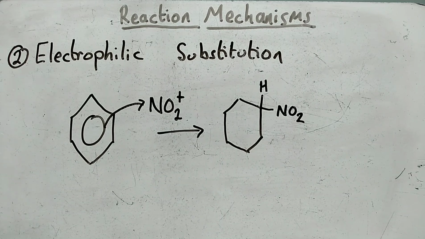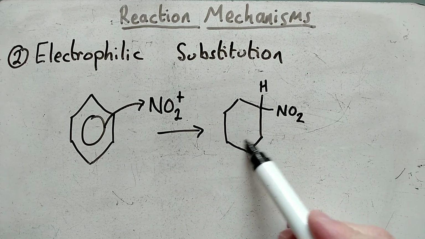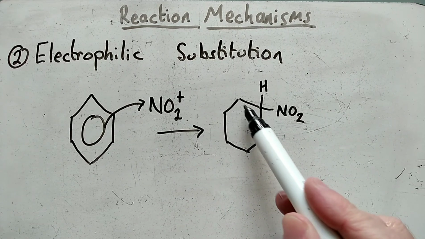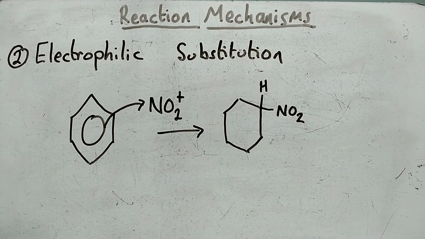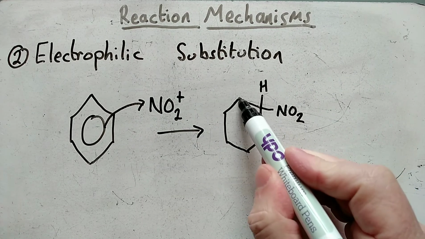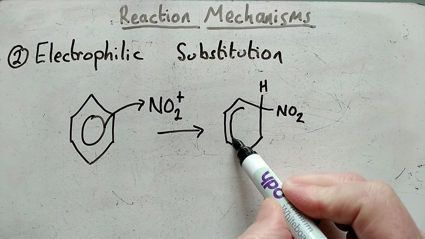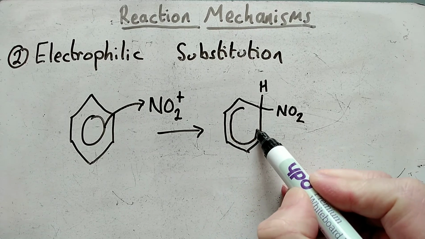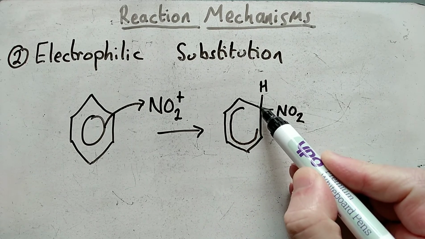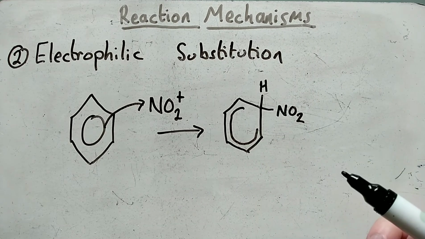Now, what is no longer happening is that we haven't got this full region of electron density here. These delocalized electrons are no longer fully delocalized all around the ring. So they'll be delocalized to this carbon, this carbon, this carbon, and this carbon, but not this one, because this one has its full complement of 4 bonds.